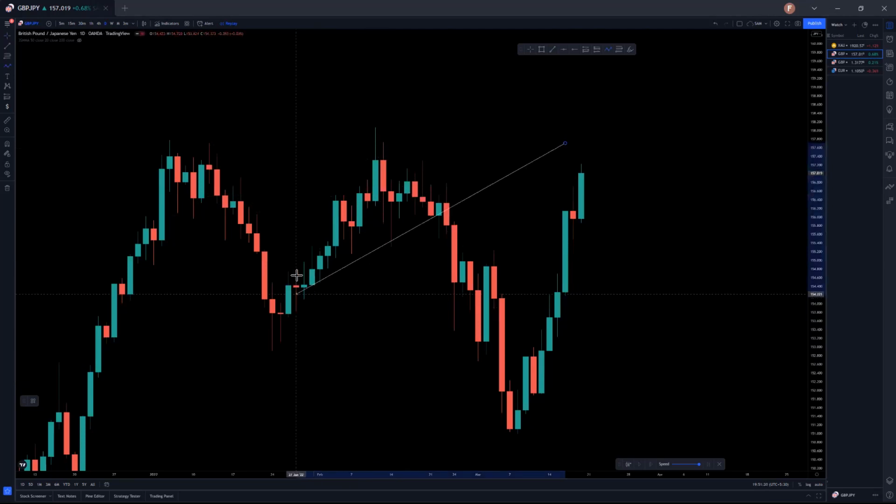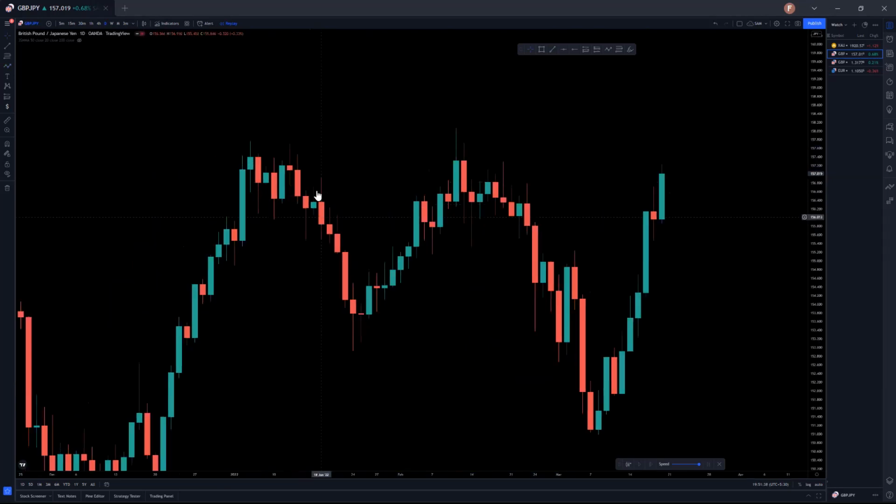And here it was a doji, if you plan to sell it, it was chopped. Here it was a doji, you plan to buy, you got chopped. Wait for the candle to give you confirmation. Here it was a doji, you plan to sell, in this case you got lucky.